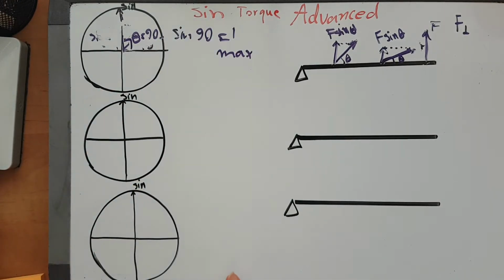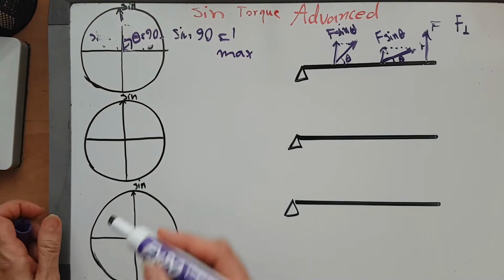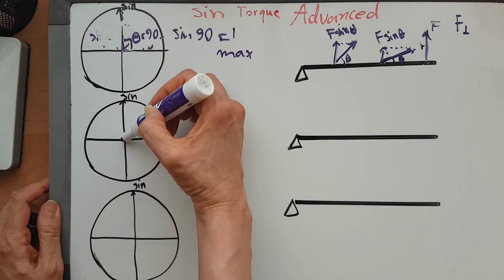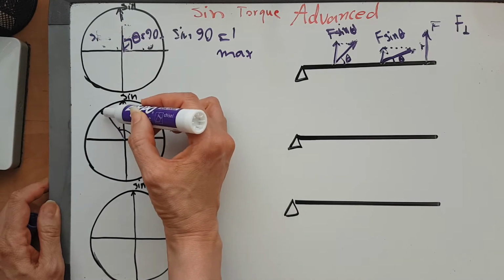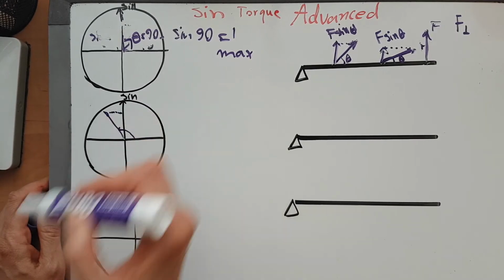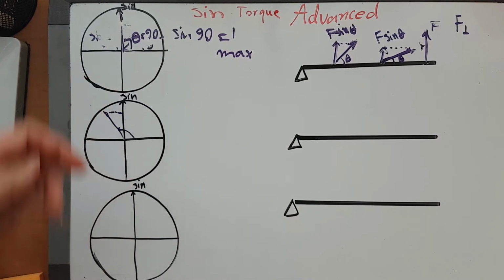Now some students might ask, what if theta gets bigger than 90? Look at here, when theta gets bigger than 90, the sine gets smaller again.